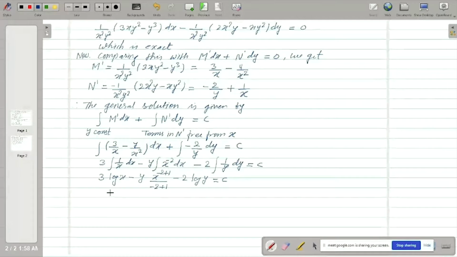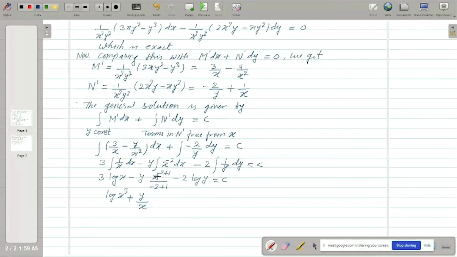Just simplify this. So this becomes 3 log x, that is log x cube, minus goes plus, plus y upon x.